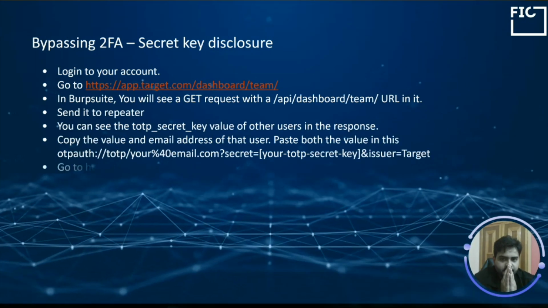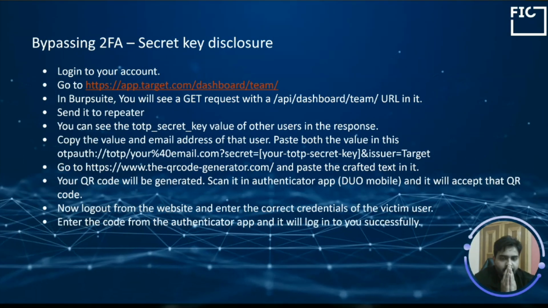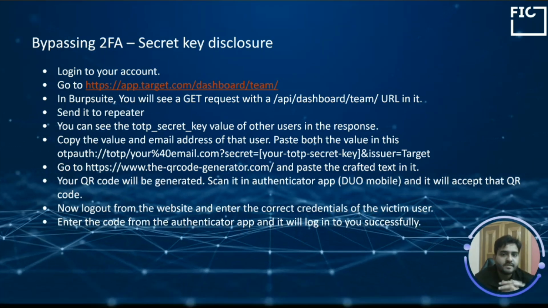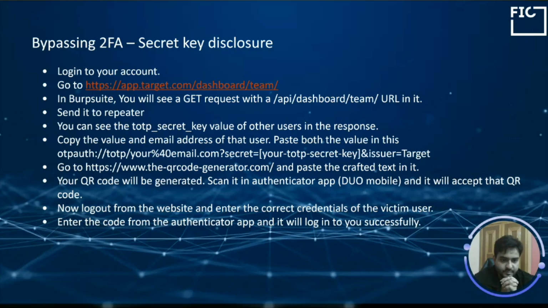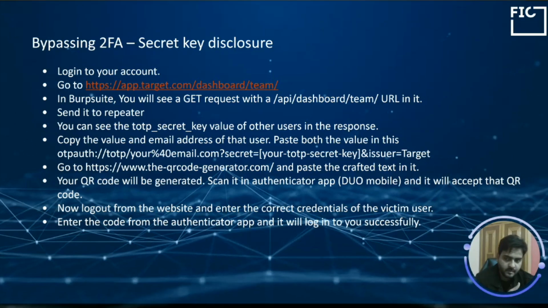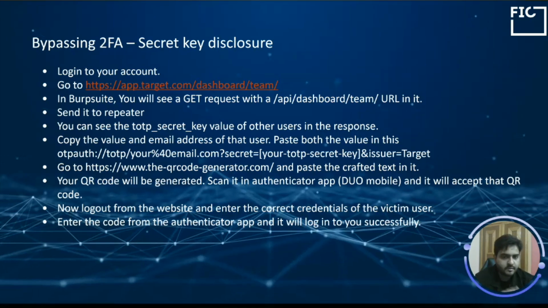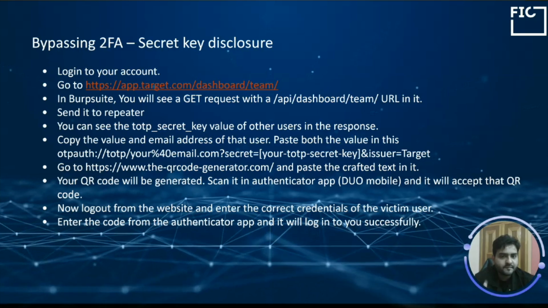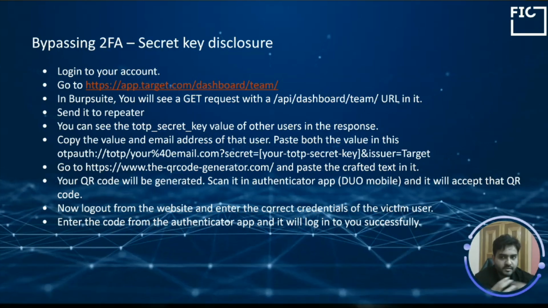In this particular system, the problem that we were having was that we were able to see the secret keys of other users in the responses, the users in our organization, to be fair, but still other users, and their secret key was visible to us in responses.